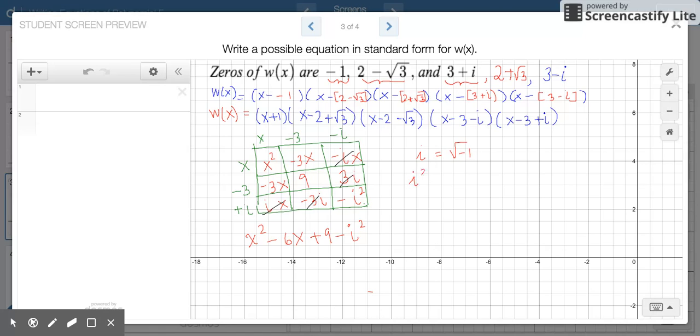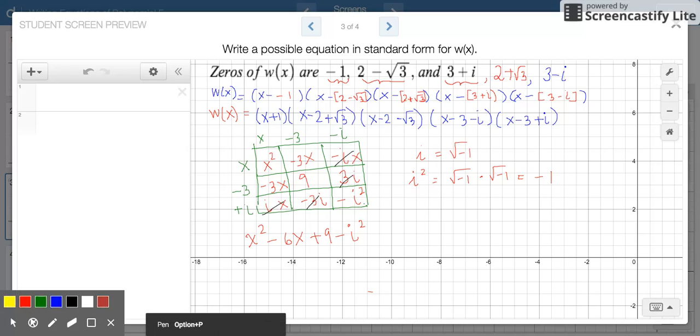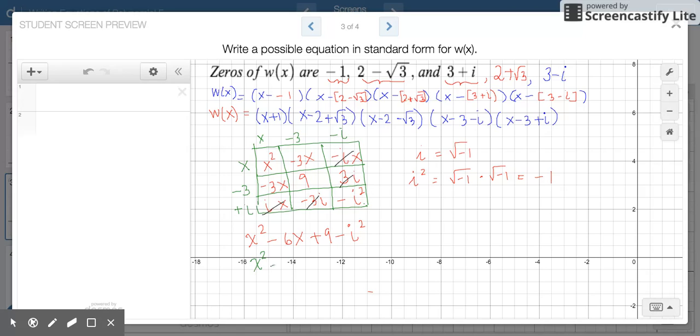Therefore, i squared is equal to square root of -1 times square root of -1, which is equal to -1. So this will be x squared minus 6x plus 9, minus i squared, which is negative 1. Therefore, we'll have x squared minus 6x plus 9 plus 1, which gives us x squared minus 6x plus 10.